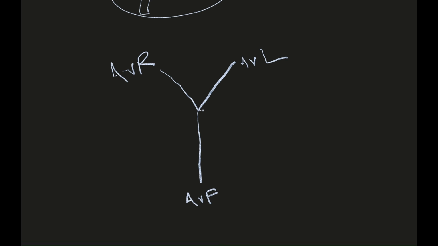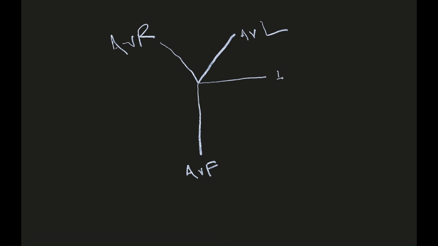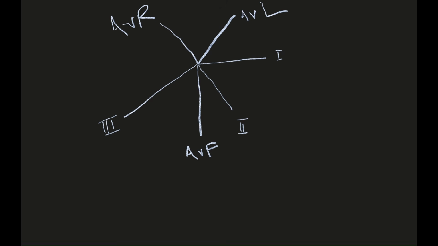Now, these are the normal axes of the limb leads. This is your lead 1. Lead 2 goes towards this area, and lead 3 here. These are all the positive axes of these leads.